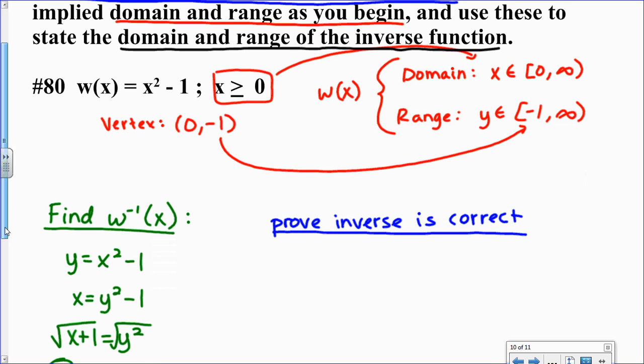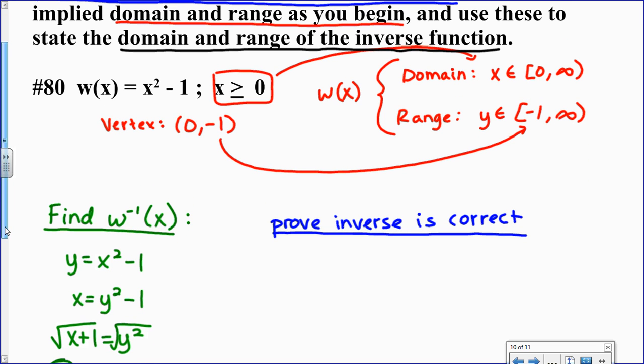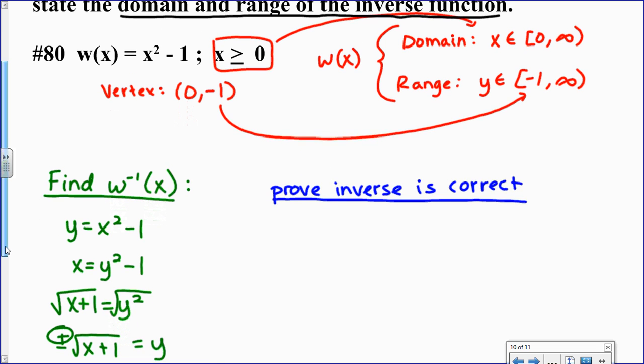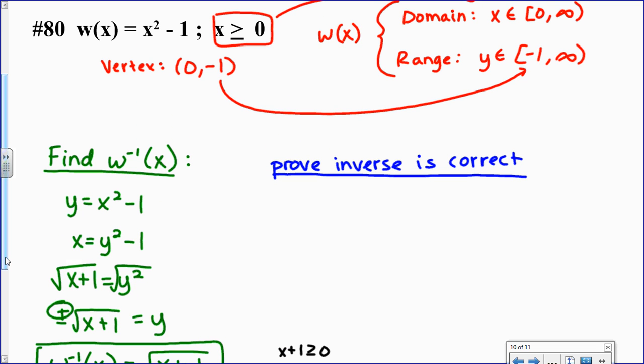So lots to do in this problem. Make sure you're keeping things organized. So I have to do w of w inverse of x, and then I have to do w inverse of w of x.